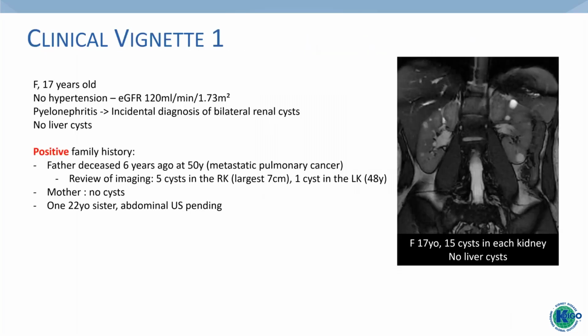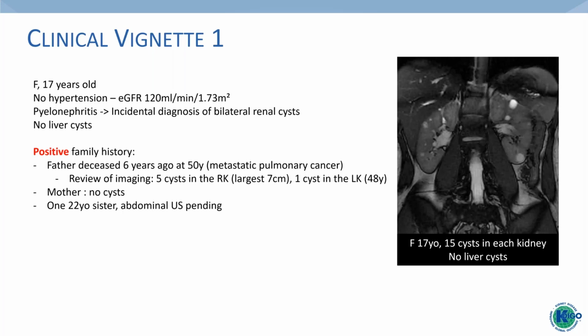Now, in the rest of this talk, I would like to highlight the value of genetic testing through a series of examples. So it is a 17-year-old girl with no past medical history in whom bilateral kidney cysts were identified after renal imaging performed in the context of a pyelonephritis. She had no liver cyst. And her family history, in fact, was thought initially to be negative.